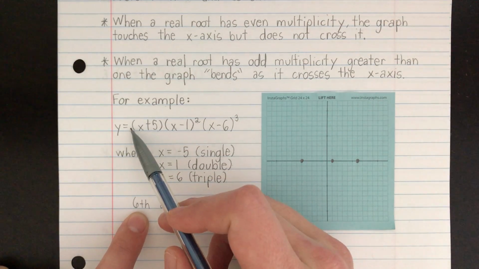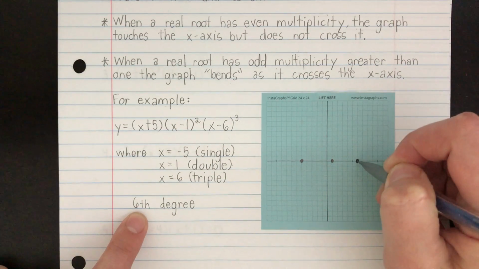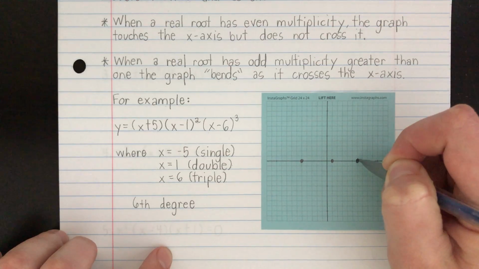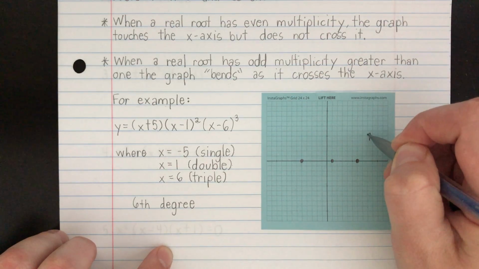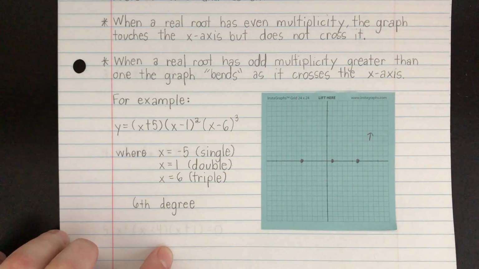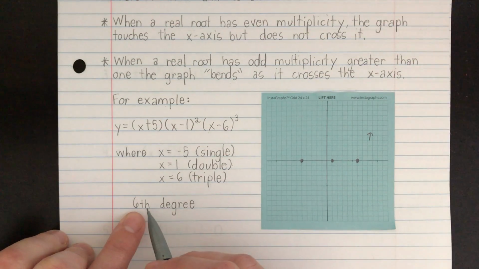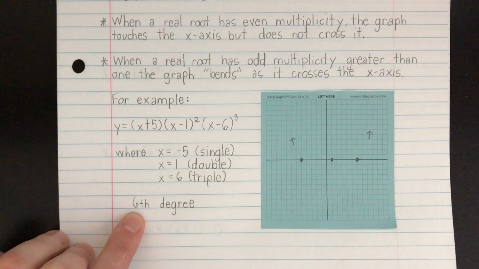The positive lead coefficient means that my right end behavior is going to go up. So from this rightmost x-intercept, I'm going to draw an upward facing arrow. And from the leftmost x-intercept, because this is 6th degree and even degree means the arrows face in the same direction, I'm going to draw also an up arrow.